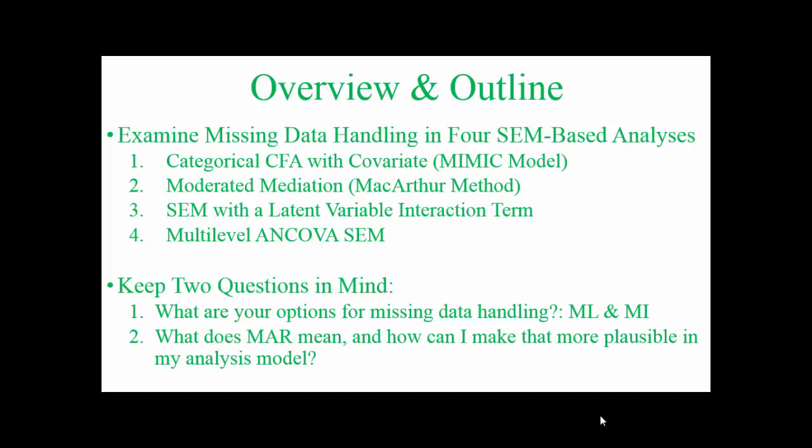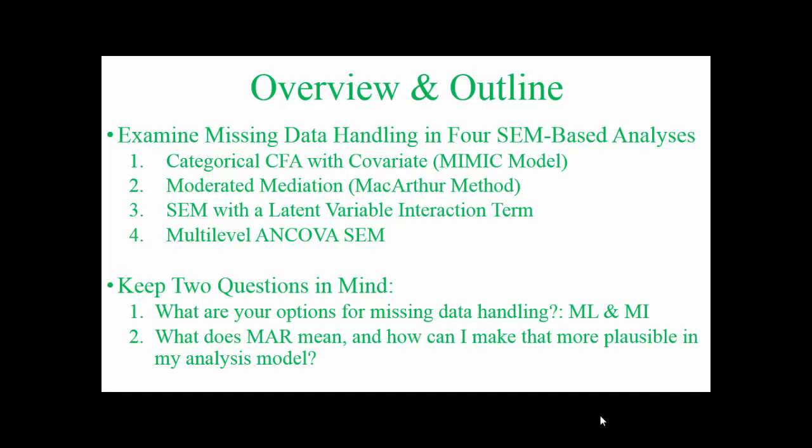The third example is a full structural equation model with a so-called latent variable interaction term. What I like about this model is that it's a full structural equation model, and we can talk through the specifics of that. But what Mplus allows you to do, for example, is create on the fly an interaction term from 2 latent variables.